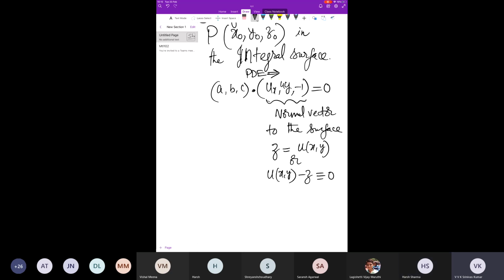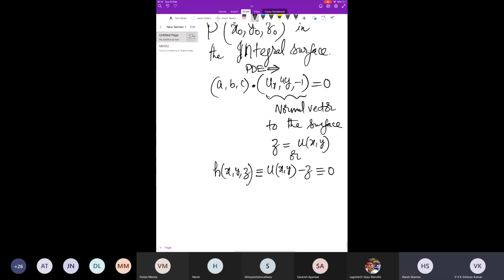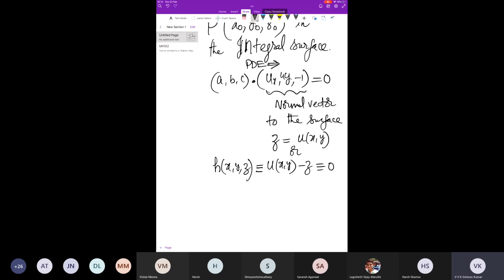The surface equation is always given by a function of x, y, z. So this PDE implies that these two are normal: the (a, b, c) vector has zero dot product with the normal vector.